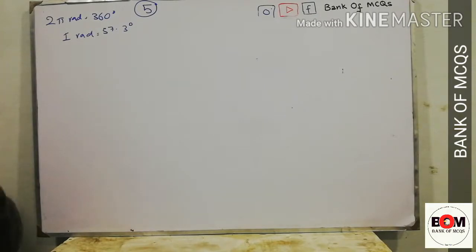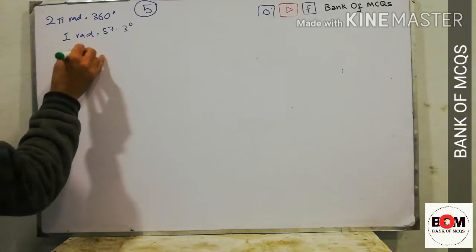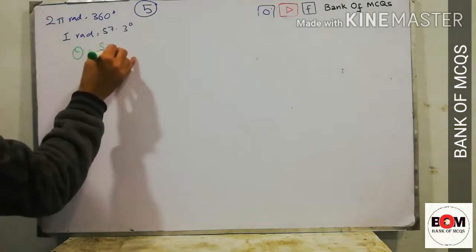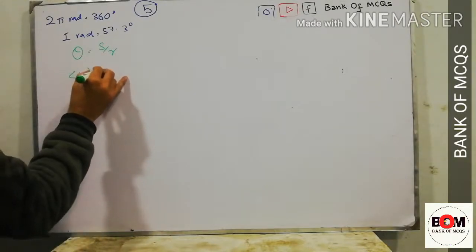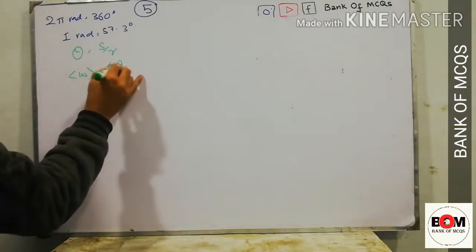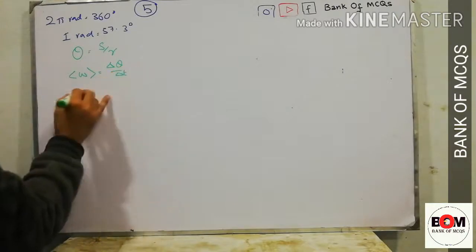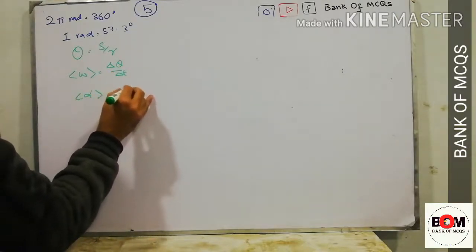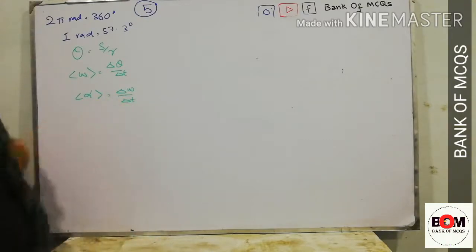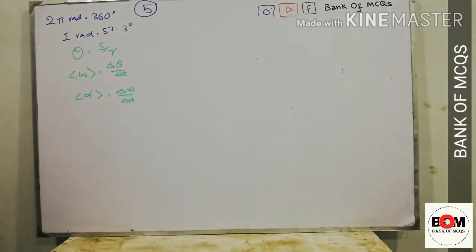The next was theta is equal to s divided by r. Fourth was angular velocity is equal to delta theta by delta t. The fifth was angular acceleration is equal to angular velocity divided by t.